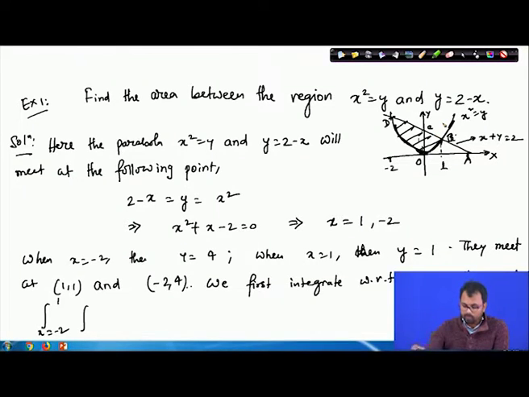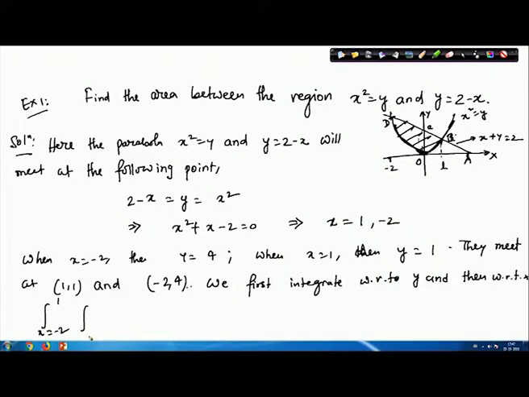So above the parabola, that means we have y equals x squared, and below that straight line is 2 minus x, dA. A denotes the area. So now we have x running from minus 2 to 1, and y running from x squared to 2 minus x, and we are integrating with respect to y first, and then with respect to x. So that's what we are doing.